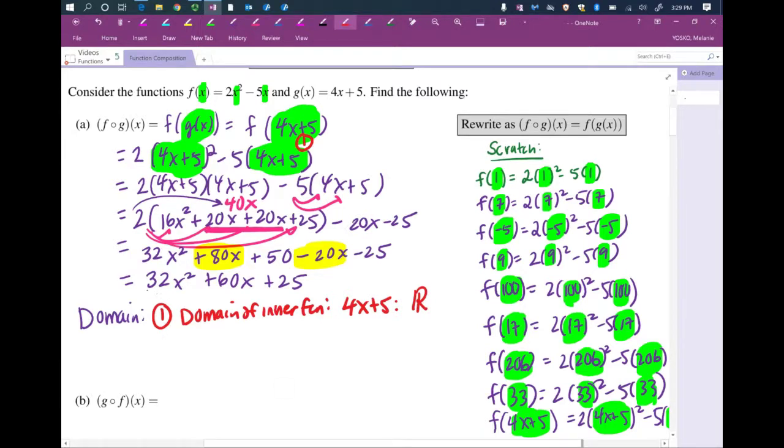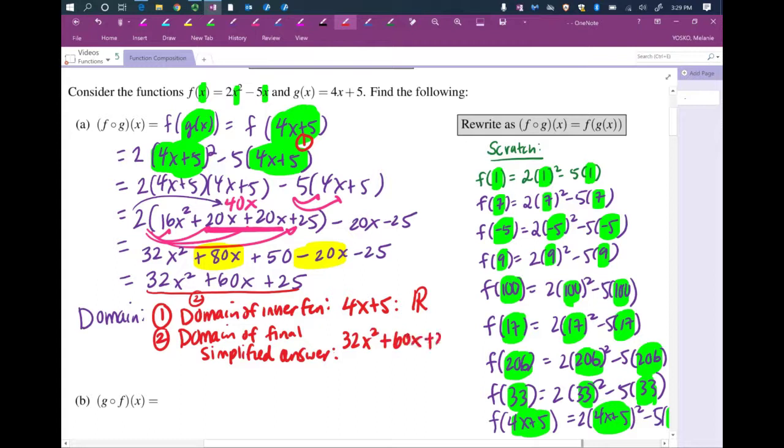And then you check the domain of the final simplified answer, which in our case was 32x squared plus 60x plus 25.